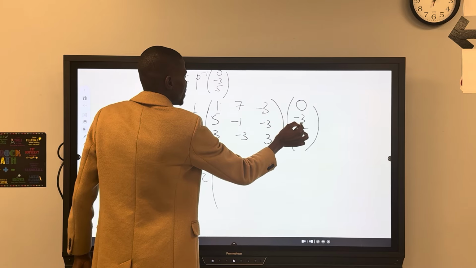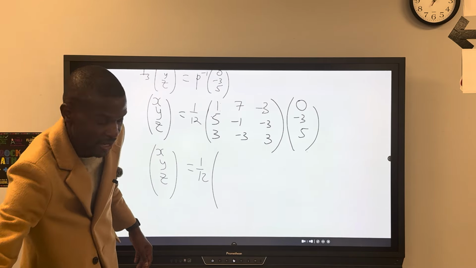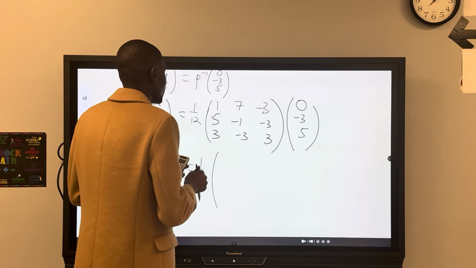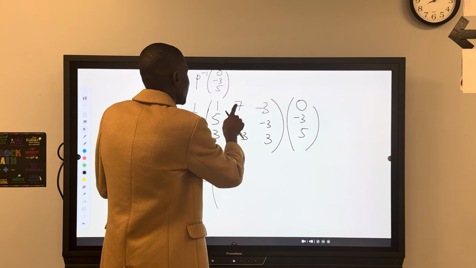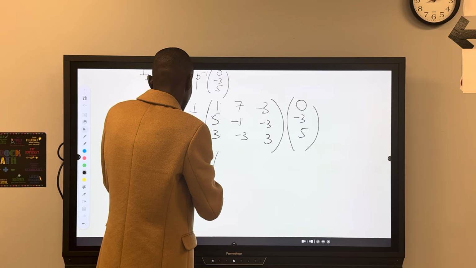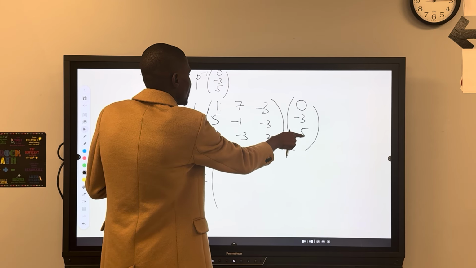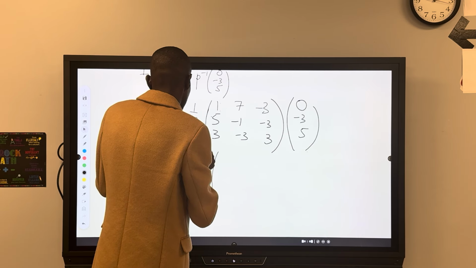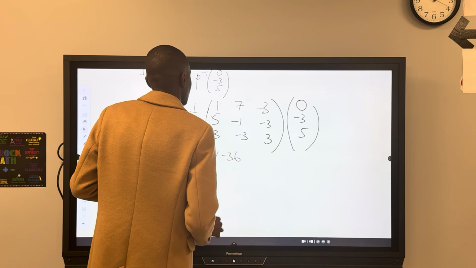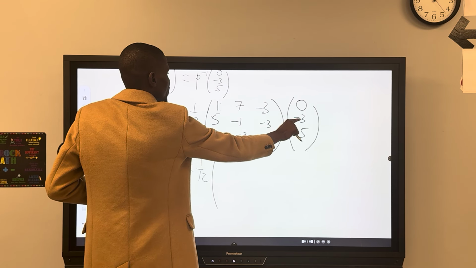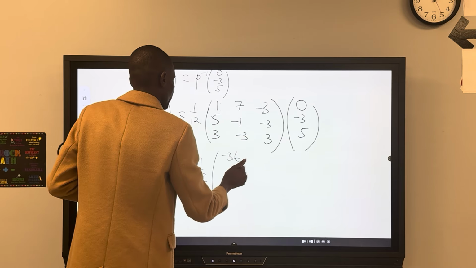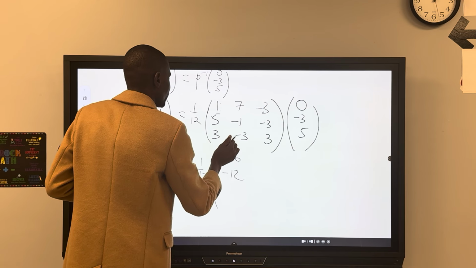Let's see. 7 times -3 is -21, minus 15, which is -36, if not mistaken. Then this is just 3, and 3 minus 15 is -12.